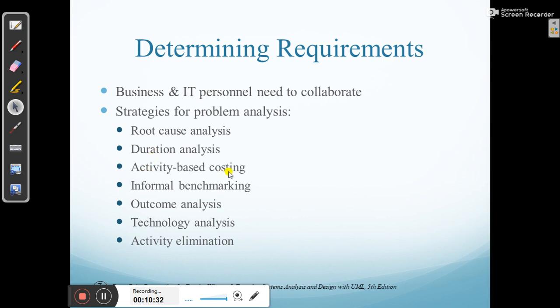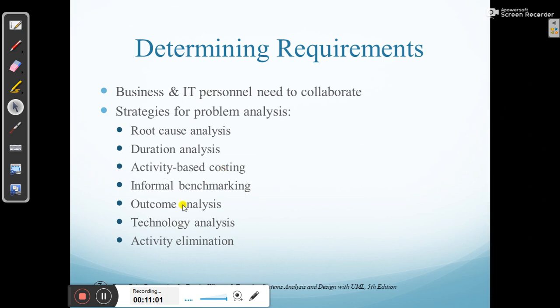Activity-based costing means we need to analyze the cost for every activity associated with every stage of the system development. Outcome analysis, technology analysis, activity elimination. You might eliminate some activity also during the development phases.